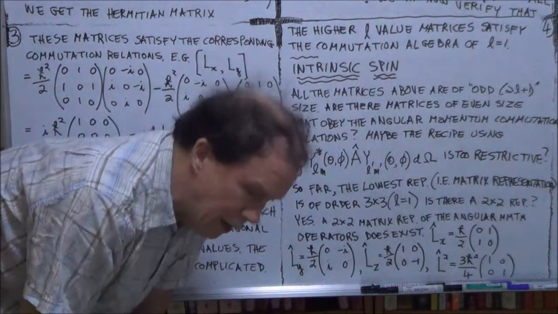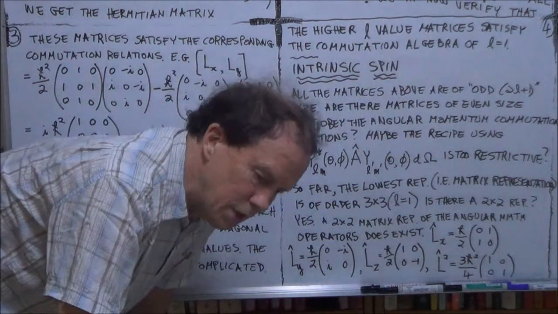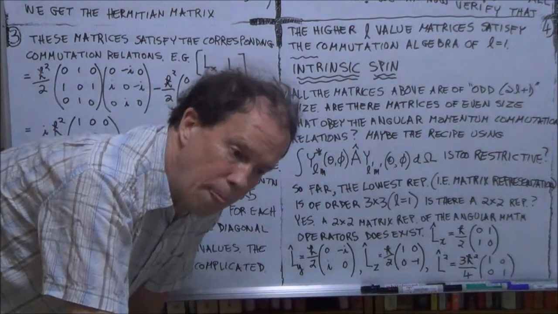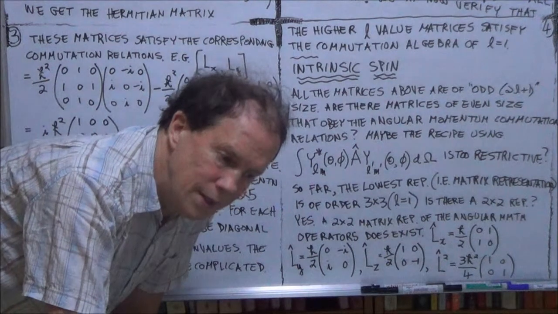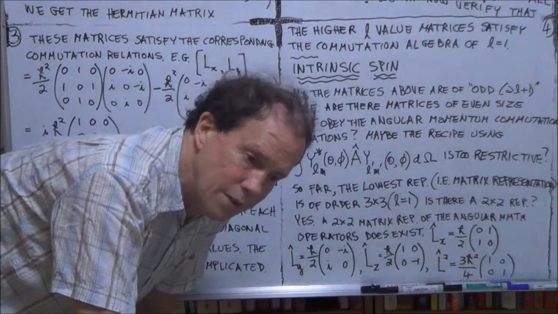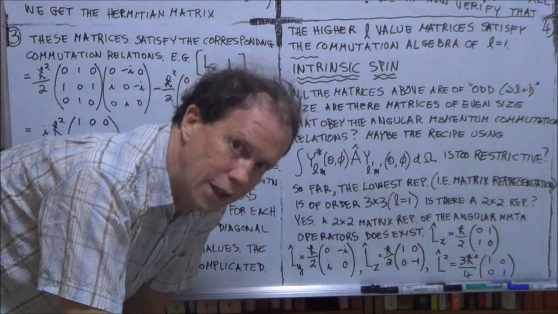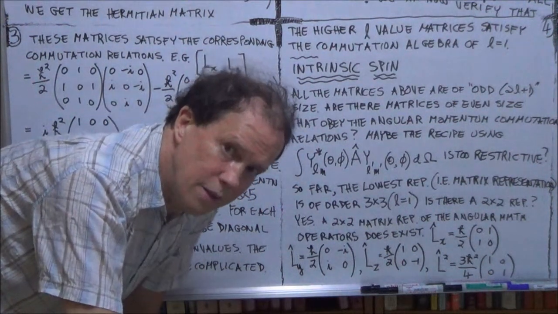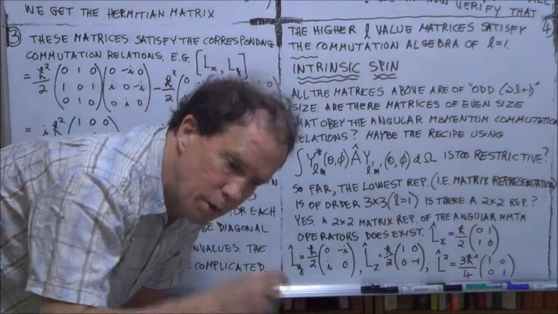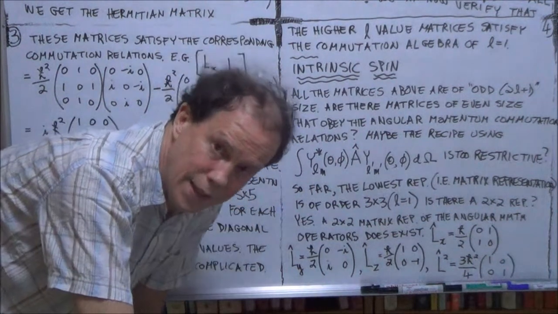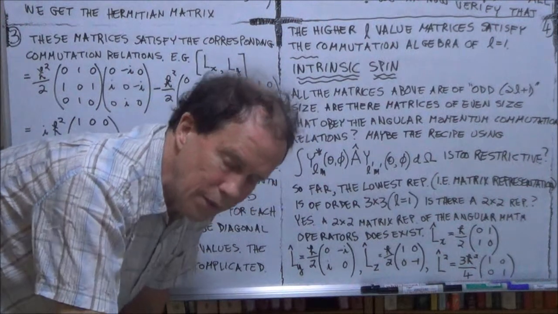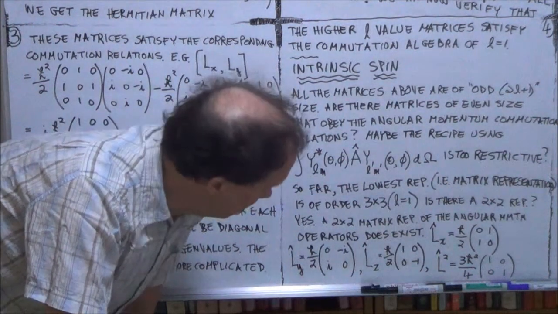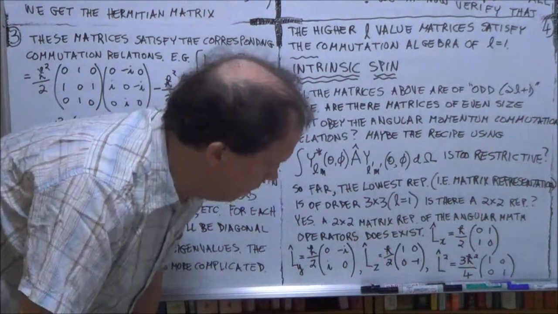Well, in the simplest case, 2 by 2, can we choose 2 by 2 matrices, representations of the operators L squared, Lz, Lx and Ly, such that the algebra for the operators and the algebra of these 2 by 2 matrices are the same, equivalent? Well, it can be done, and I'll just throw it at you.